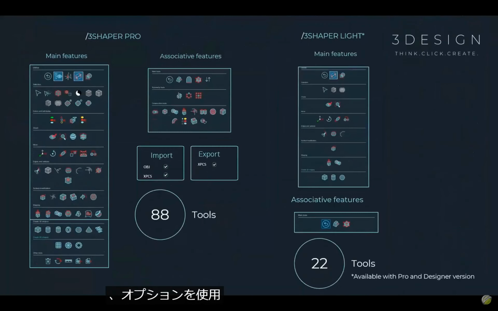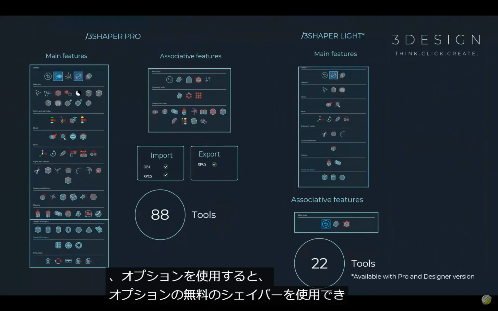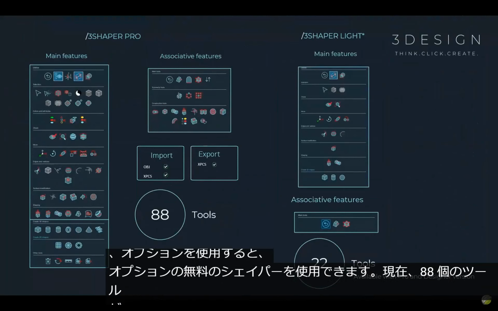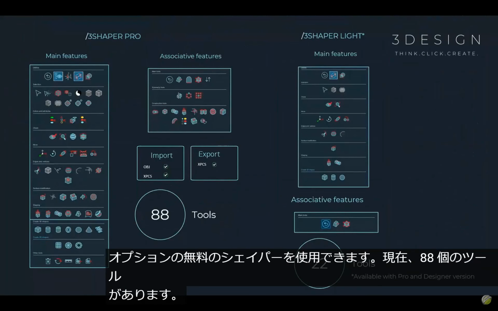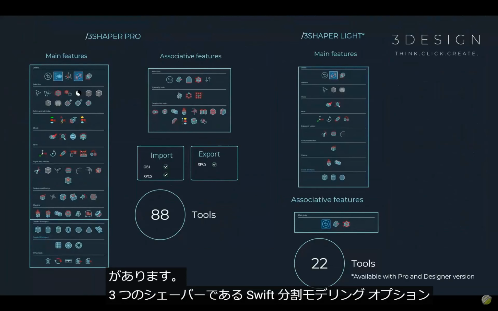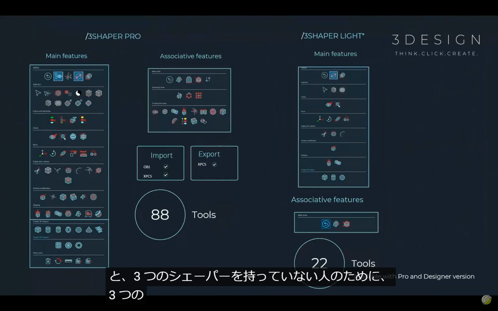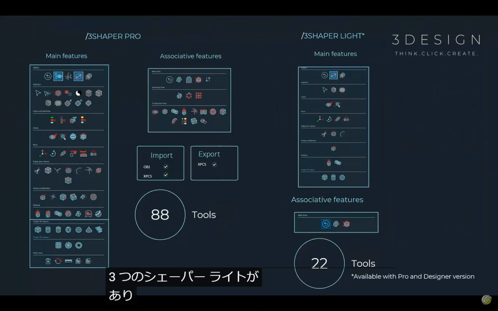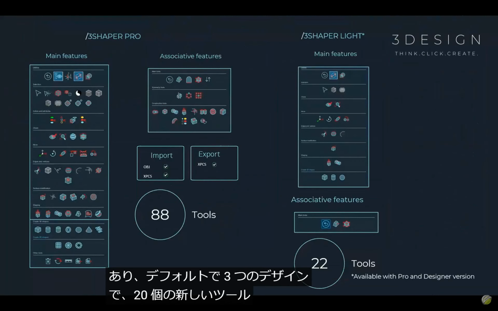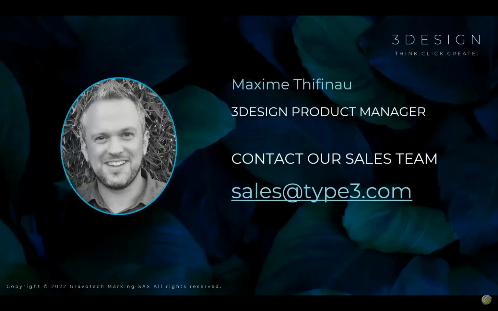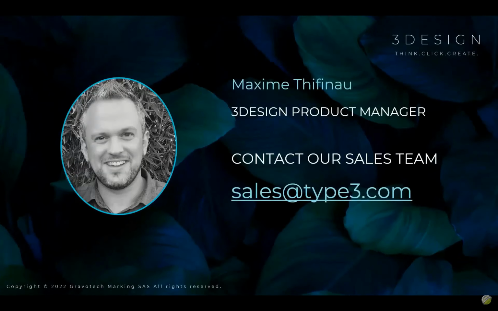And with the option 3Shaper, we now have 88 tools for the subdivision modeling option. For people who don't have 3Shaper, we have 3Shaper Lite, which is by default in 3Design, and you have 20 tools inside.